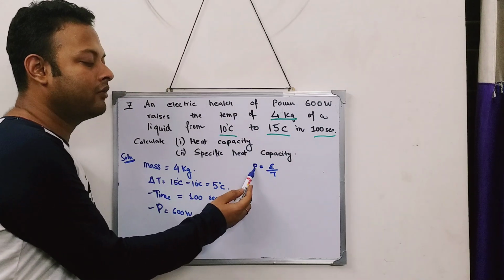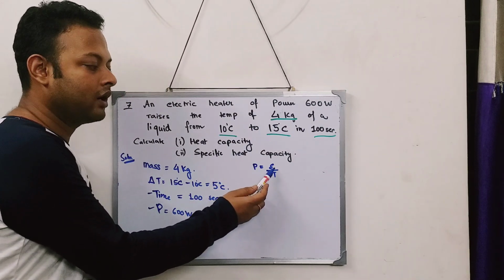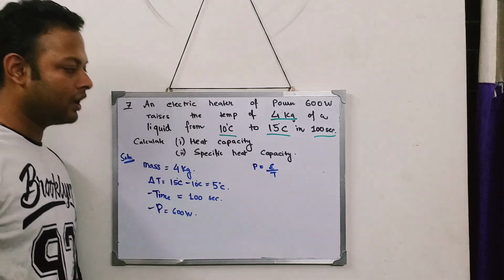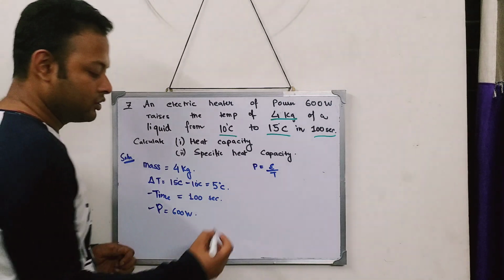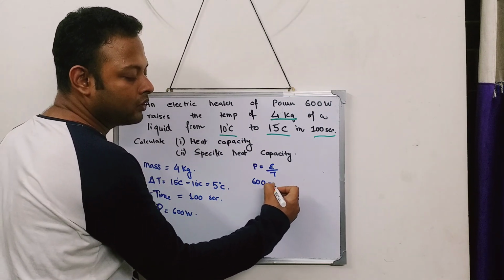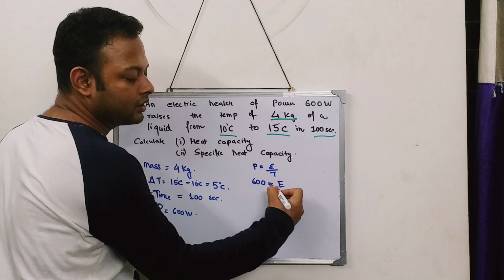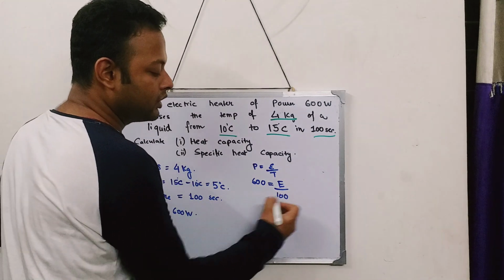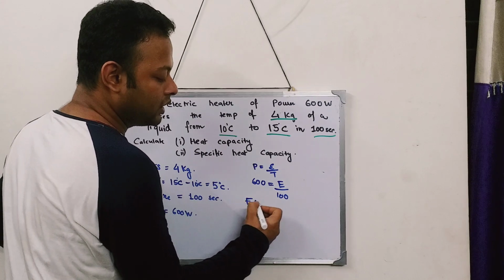If I have power and time, I can easily find the amount of energy required. So power is equal to 600, energy I don't know so I'll keep it as E, and time is given as 100. So how much energy am I giving?